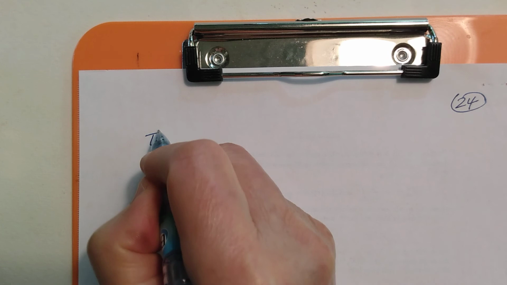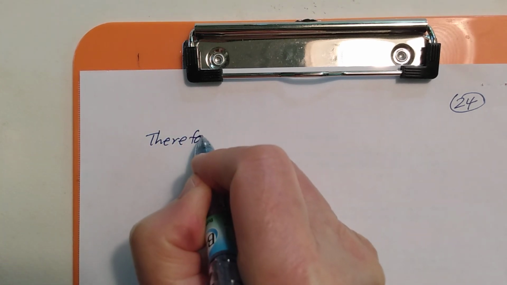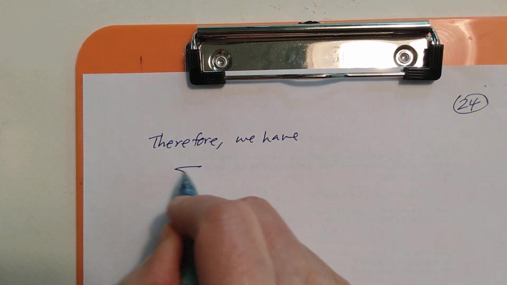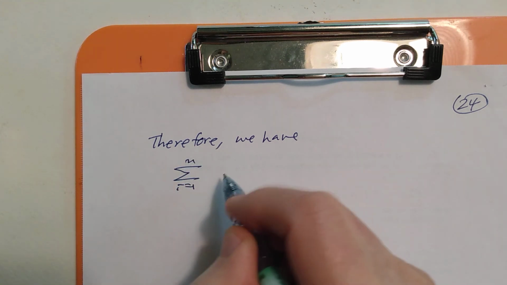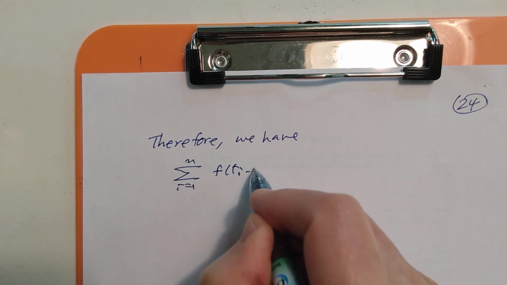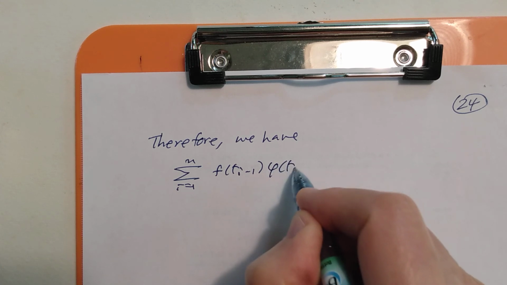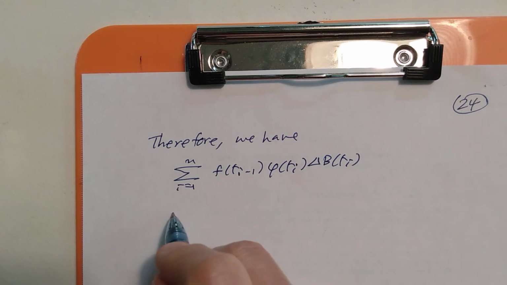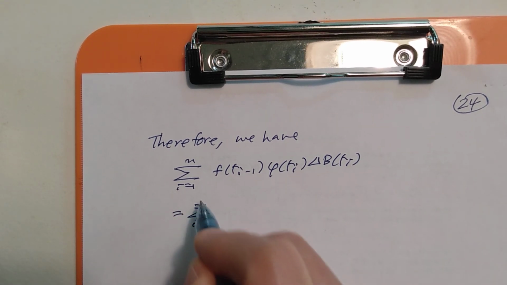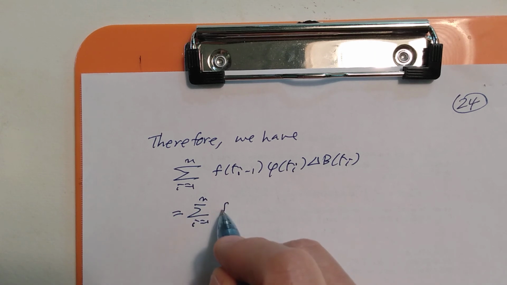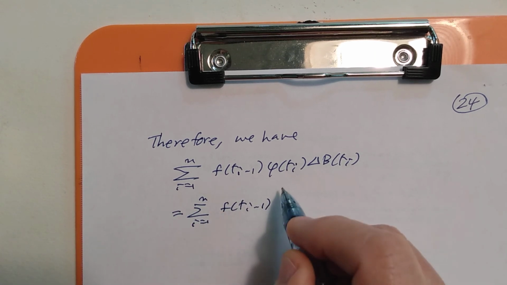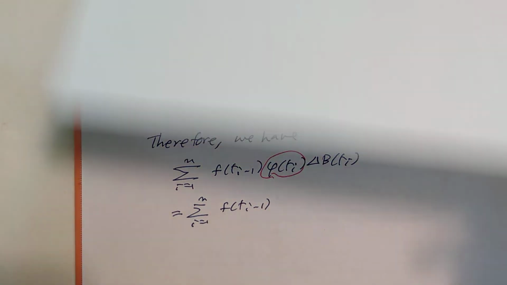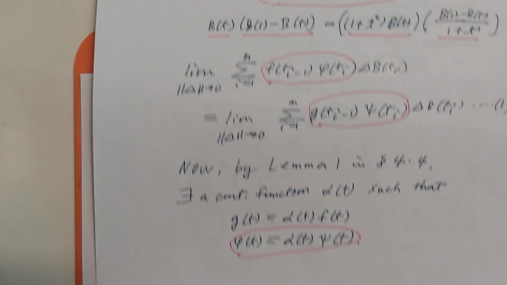Therefore, we have the summation i from 1 to n of f t sub i minus 1 phi t sub i, the Brownian motion increment. That equals summation i from 1 to n of f t sub i minus 1, and now we replace phi t.